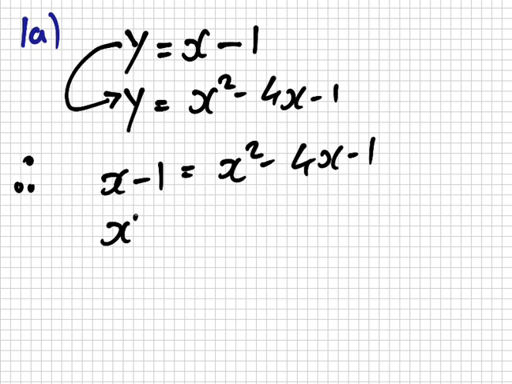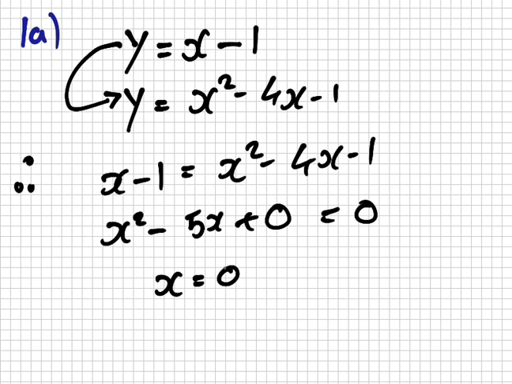Now I get x squared minus 5x, and they cancel, so that's plus 0 equals 0. Now you have a choice. You can use the quadratic formula, you can factorize, you can complete the square, whatever. You solve this and you get x equals 0 or 5 as the two answers.